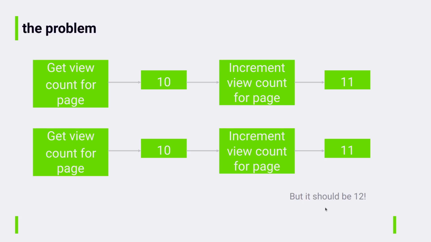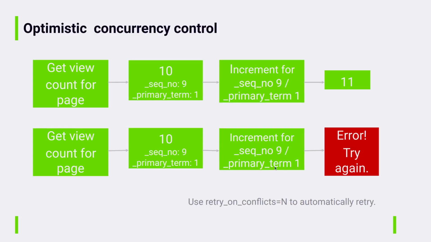But in actuality, the view count should be 12, because there are two clients viewing the website at the same time. Now, how do we solve this problem? This is a real world problem that can happen in Elasticsearch a lot of times. For example, two people can try updating the document at the same time.